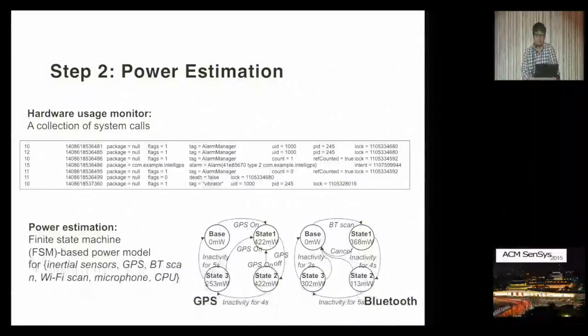Such finite state machine-based models facilitate considering the tail power state of each hardware component and the sharing effect across the system calls. So finally, we construct a finite state machine for the entire device, and produce the output by applying the sequence of the system calls to the phone-wide model. According to our measurement, our power model achieves around 93% power estimation accuracy.